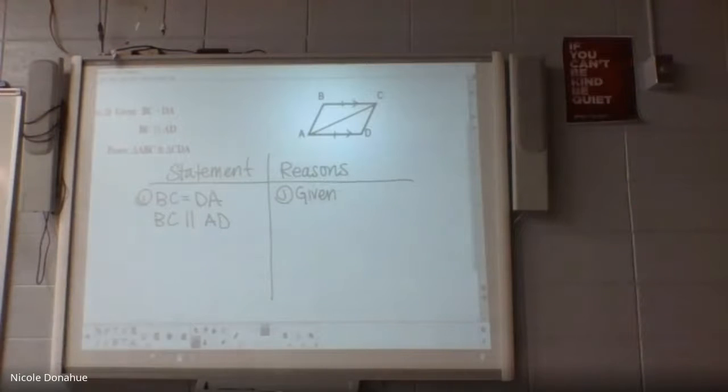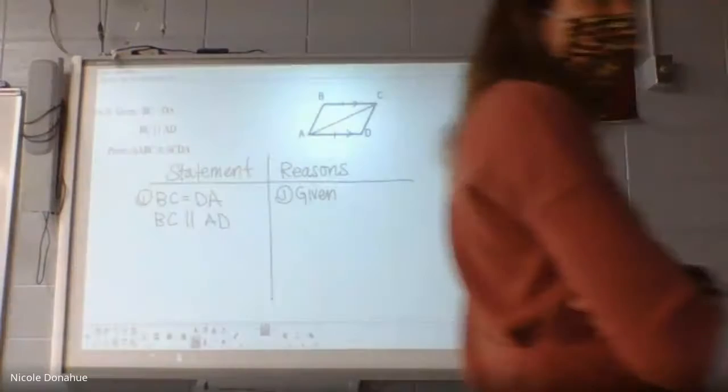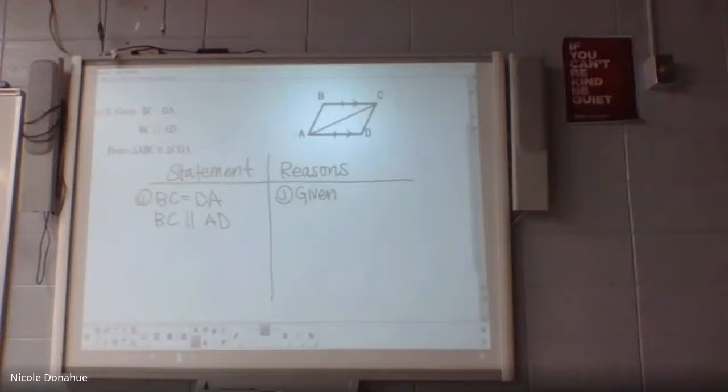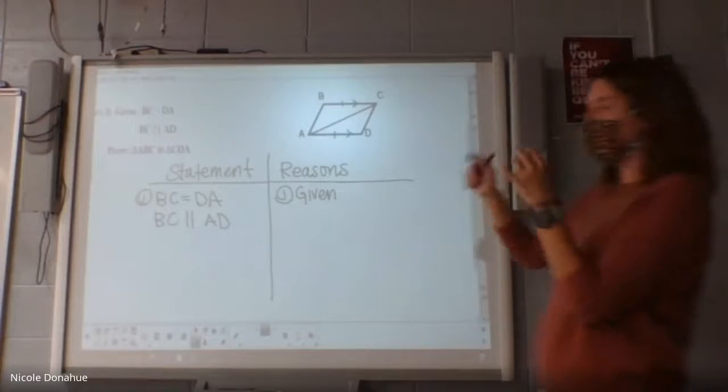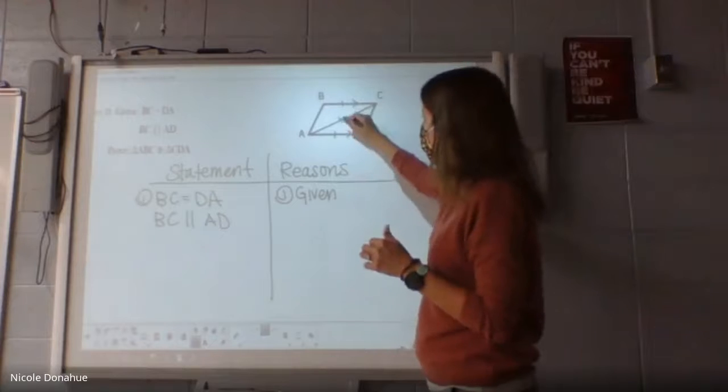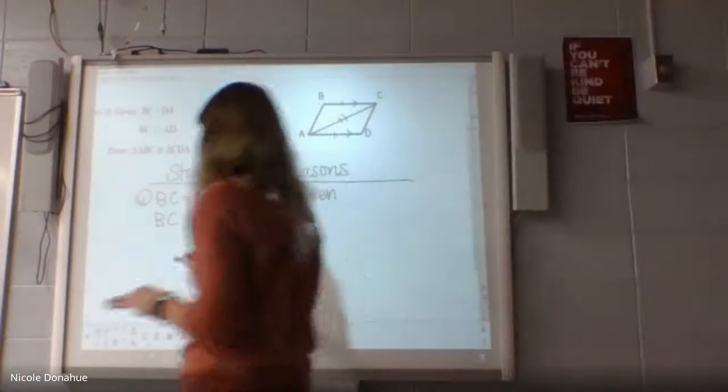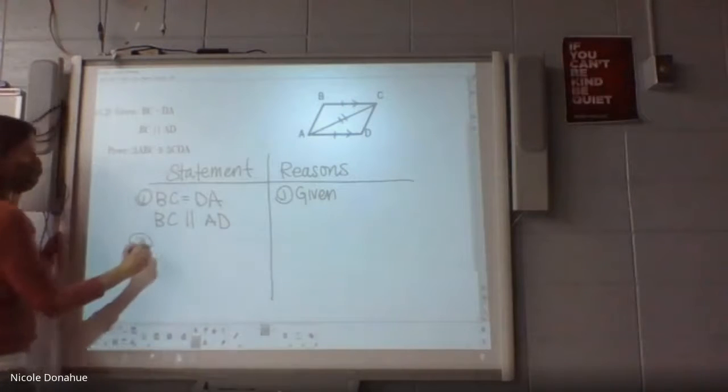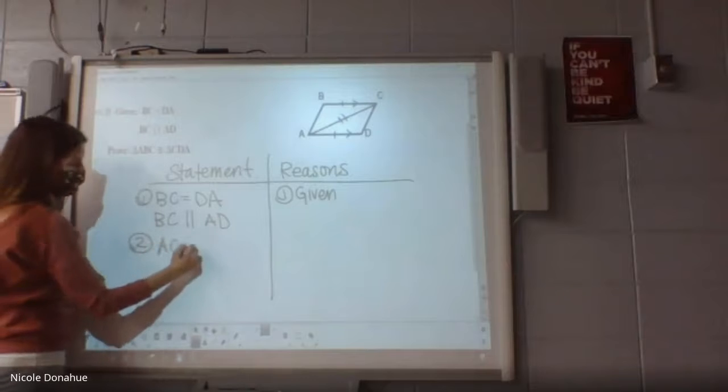So obviously I need more. Any thoughts? Anything else you guys know on this drawing? Yeah, Will? That they share the same line. Yeah, remember those shared sides are always a great one to grab. So AC equals itself, right? So this side is a shared side. So AC equals AC.